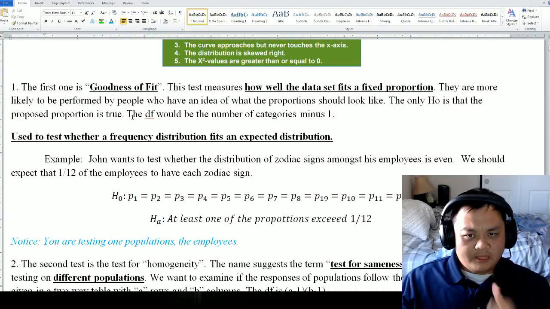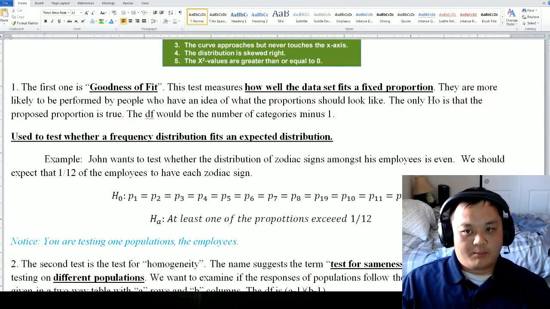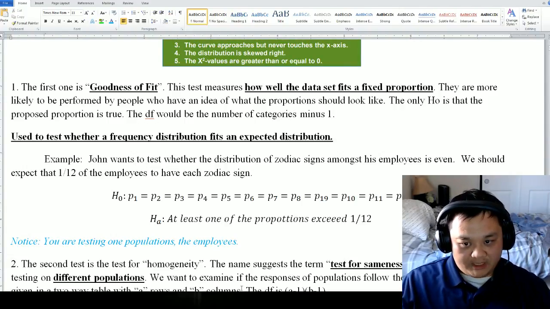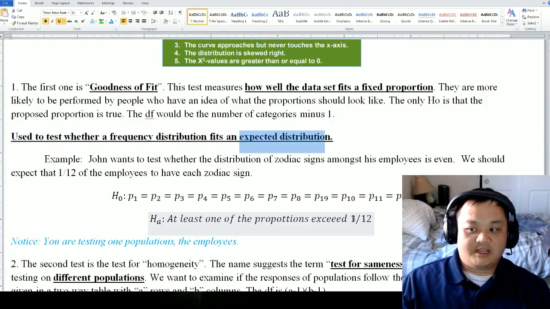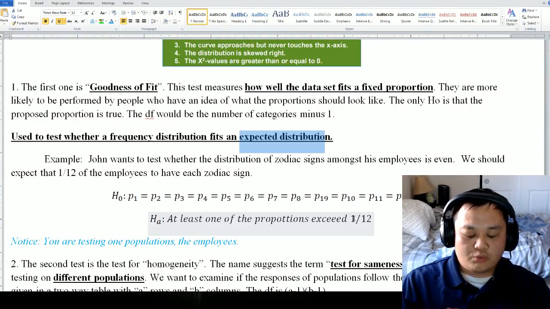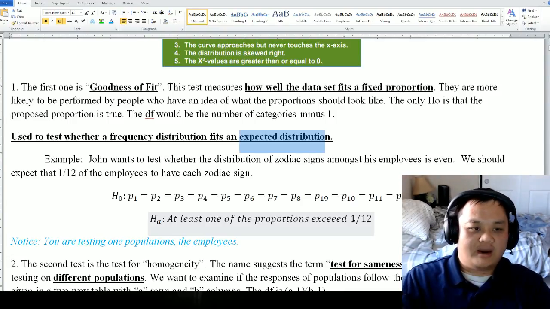So the goodness of fit is one proportion, one population. It has to be one population, and it's trying to measure if it's outside of an expected distribution.